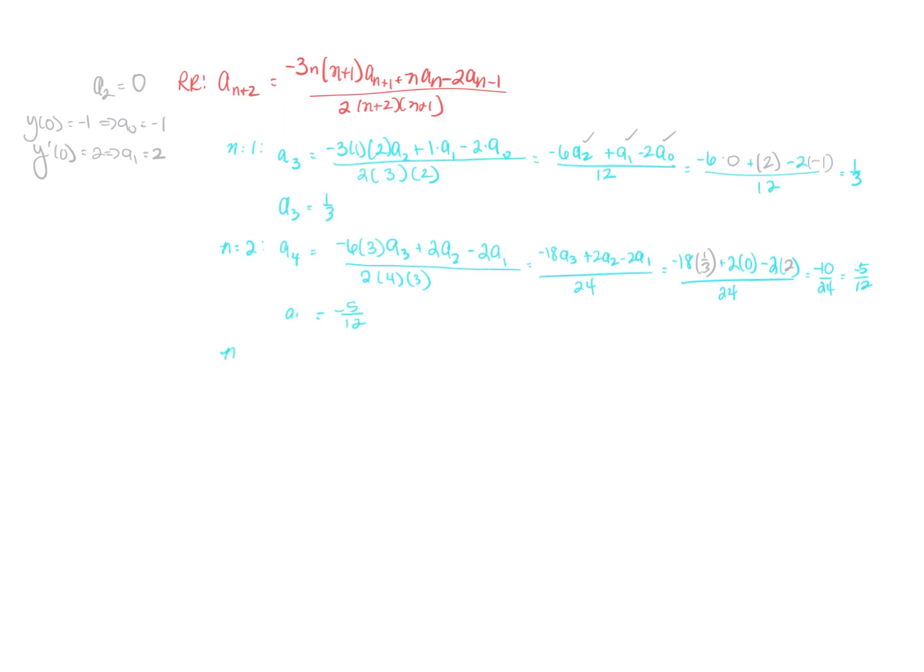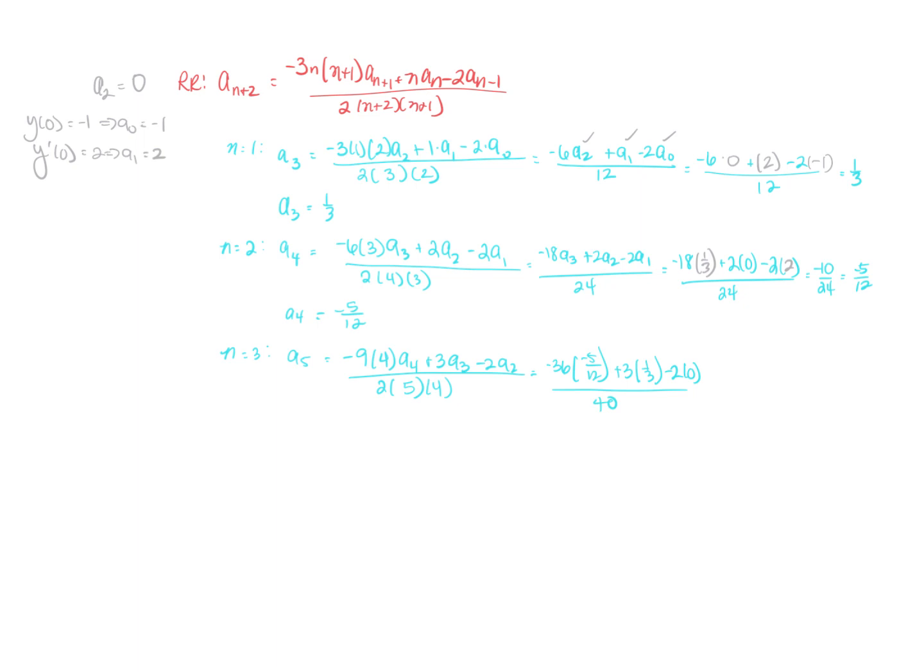When we let n equal 3, we get a sub 5, and we get negative 3 times 3 is negative 9, times 3 plus 1, which is 4, a sub 4, plus 3 a sub 3, minus 2 a sub 2, all over 2 times 5 times 4, or negative 36 times a4, which was negative 5/12, plus 3 times a3, which was 1/3, minus 2 times a2, which was 0, over 40. 12 goes into 36 3 times.